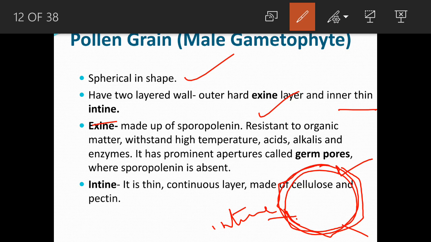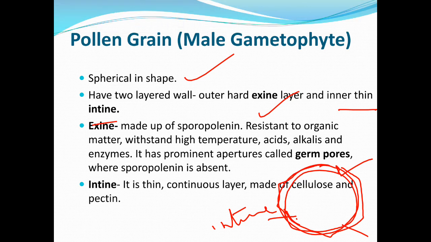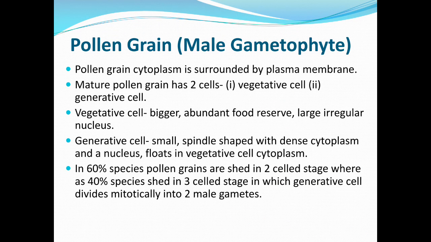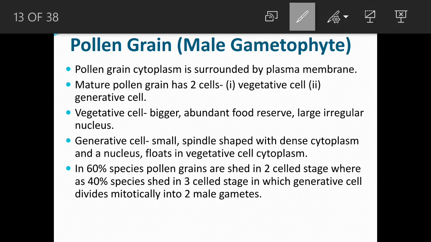The internal layer is the intine. It is a thin, continuous layer made up of cellulose and pectin. The pollen grain is surrounded by the plasma membrane. Then there are two cells inside the pollen grain.